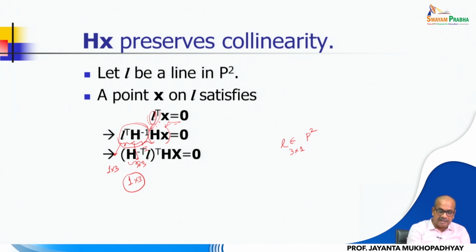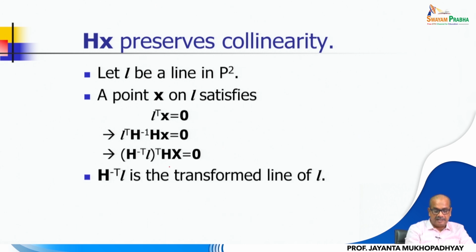Similarly this becomes your line, which is a 3 cross 1 column vector, and this is the transformed line of L, because this transformation shows the containment of Hx in this line H minus T L. H minus T is the transpose of the inverse of H, which is also 3 cross 3, and L is 3 cross 1.